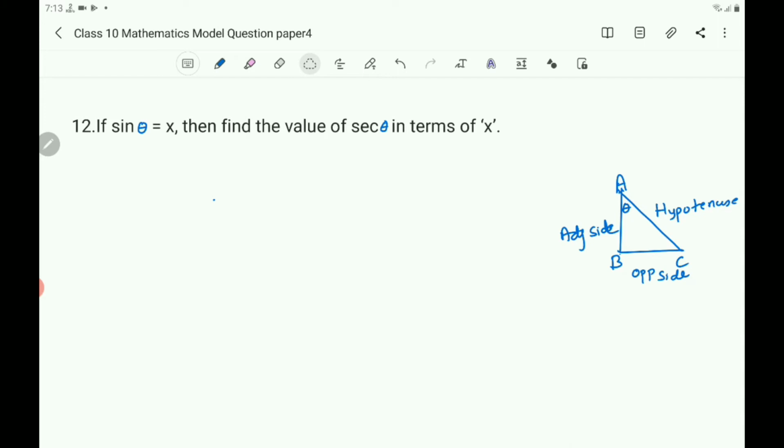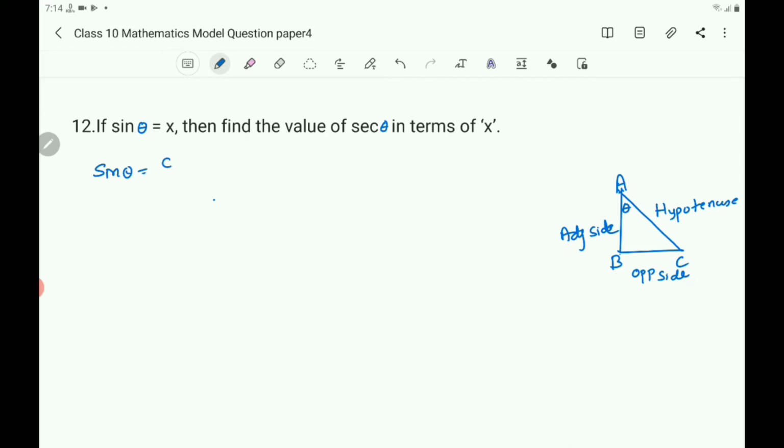Here you consider a right angle triangle ABC, in which angle B is the right angle, and A is the angle theta. Now you know that sine theta is O by H, that is opposite side by hypotenuse.